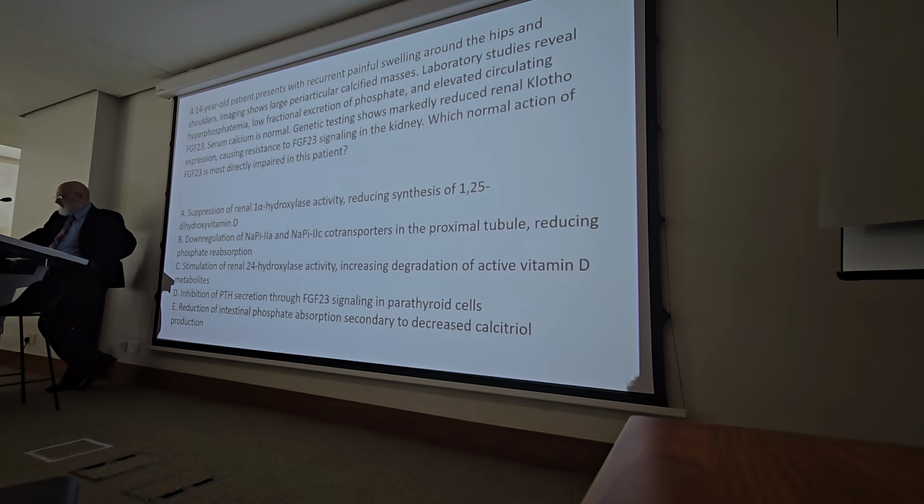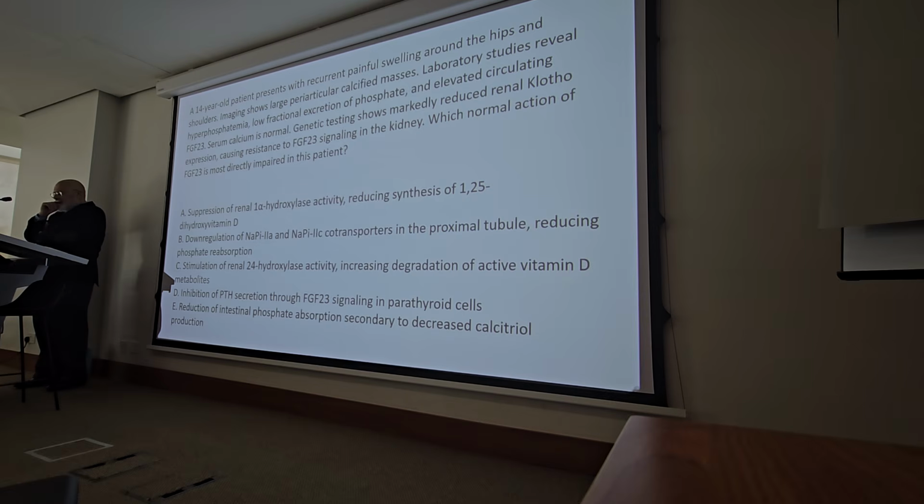Can you read all the answers and then tell me which one? Okay. A, suppression of renal 1-alpha hydroxylase activity, reducing synthesis of 1,25-dihydroxy vitamin D. B, downregulation of sodium phosphate 2C co-transporters in proximal tubule phosphate reabsorption.